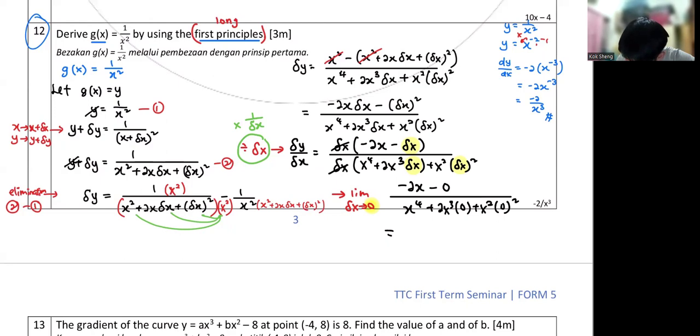So the 0, 0, 0 all done. So you get negative 2x over x4. Finally, x and x4 can cut. So yeah, that is your dy over dx.